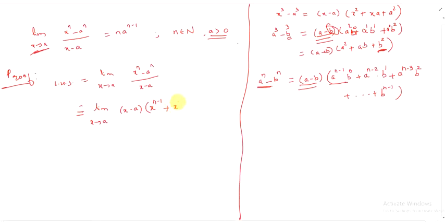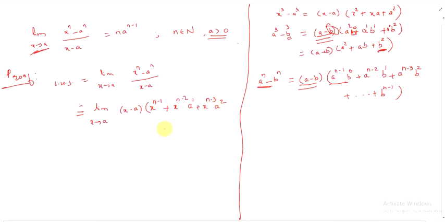Then again decreased by 1 and the power of a increases by 1, that is a raised to 1, plus x raised to n minus 3 a raised to 2.